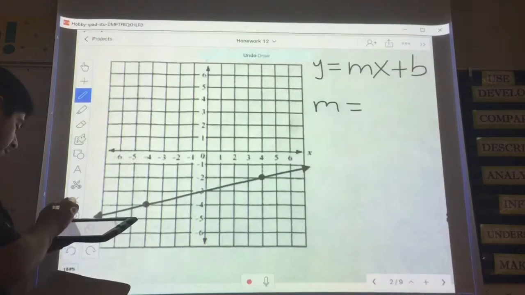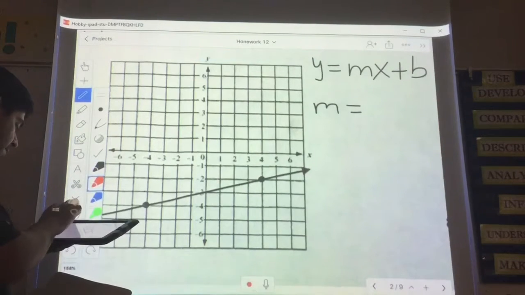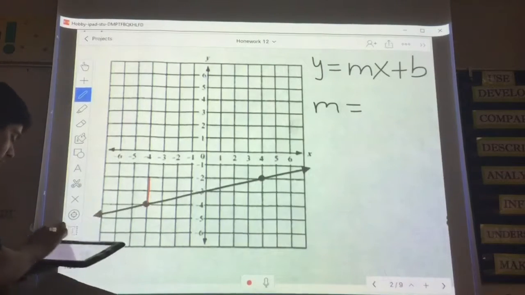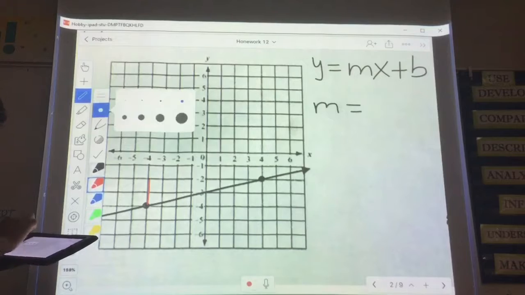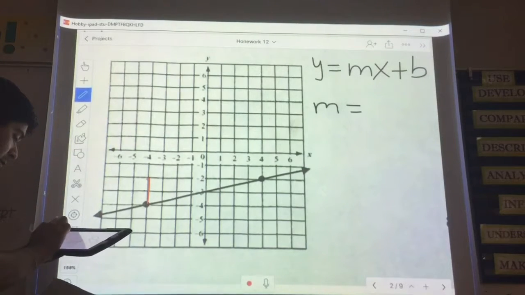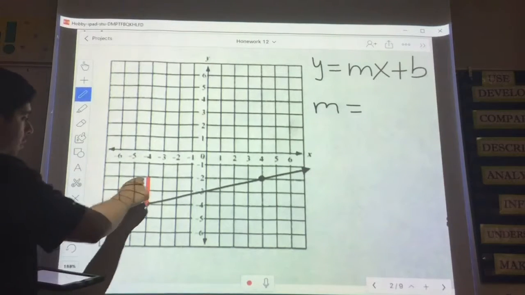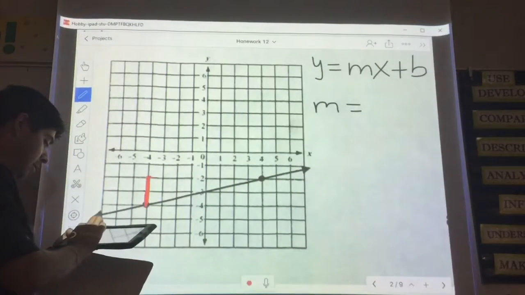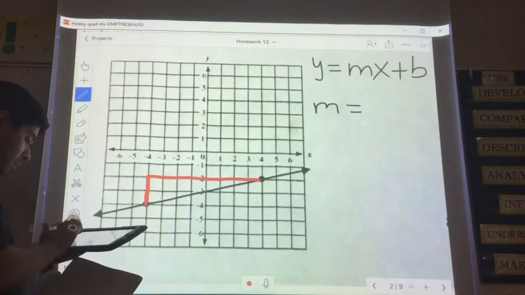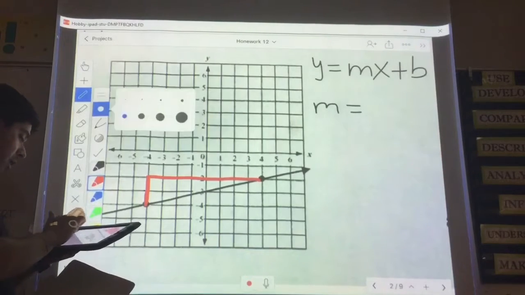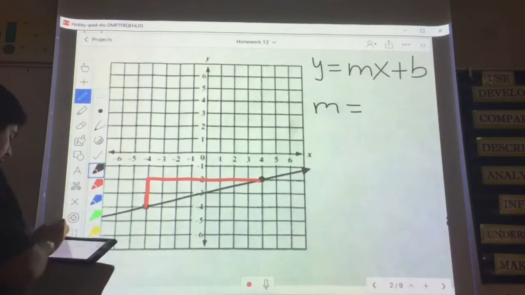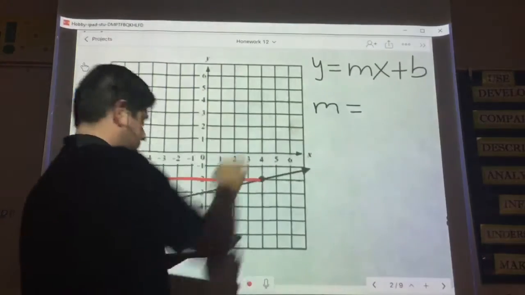So I'm going up 1, 2. Let me do this in a different color. I'm going to do this in red. So I'm going up 2 to get to this line. Make it a little bit bigger. There we go. So there's a 2 there, and then I'm going to the right. Okay, let me put that back in black. So going up 1, 2, that is my numerator for my slope.